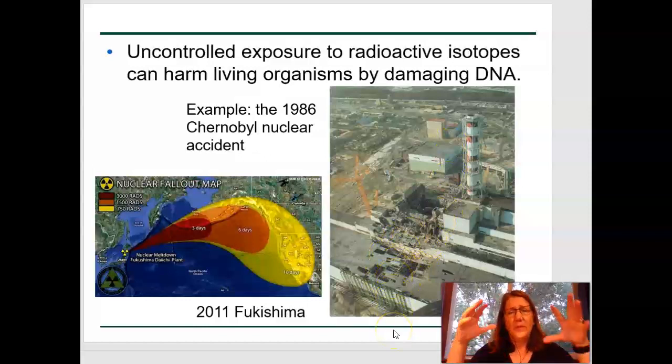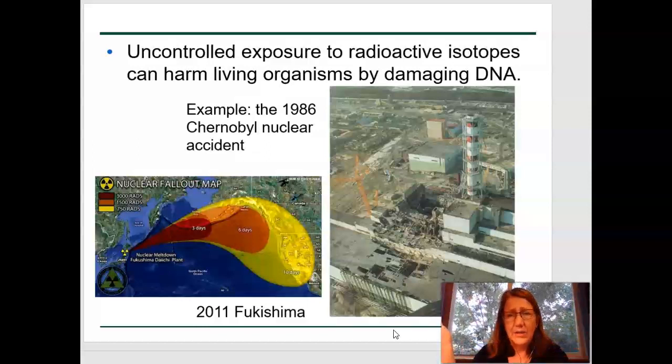There are some times where they let researchers go in there and test things, and it's kind of bizarre. It's like a ghost town, and I think it was Nature Nova on PBS did a show about it, and they sent some people in there, and they were actually looking at wolf puppies because all the humans got the heck out, and everything that they were doing is just left as it was.